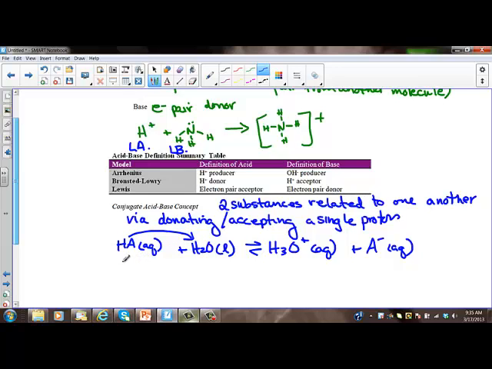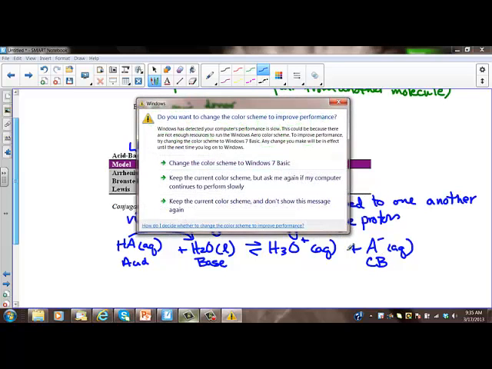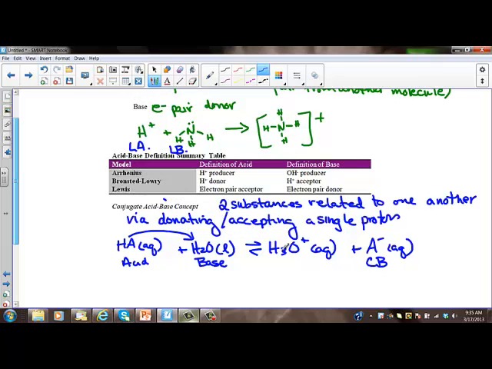So this is my Bronsted-Lowry acid donating, and this is my base. Remember, a conjugate acid-base pair is two substances related to one another via donating or accepting a single proton. So this donated the proton, this lost it, so this is my conjugate base. And H3O gained the proton, so this is my conjugate acid.